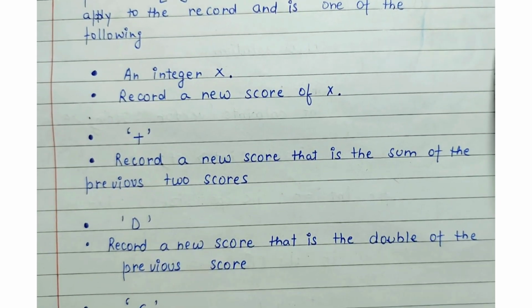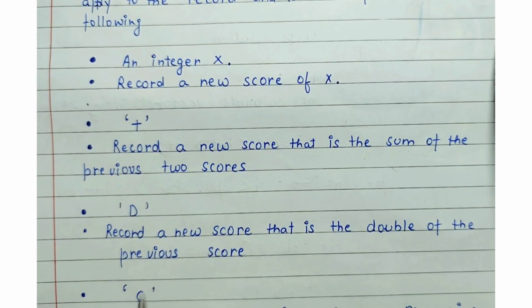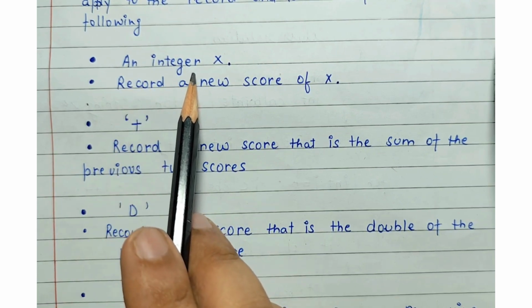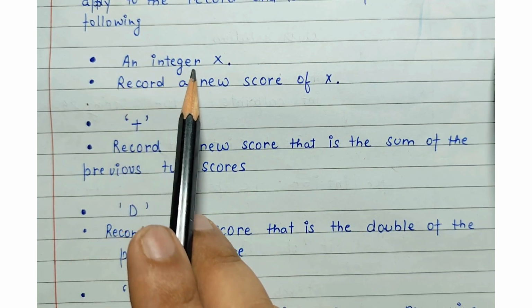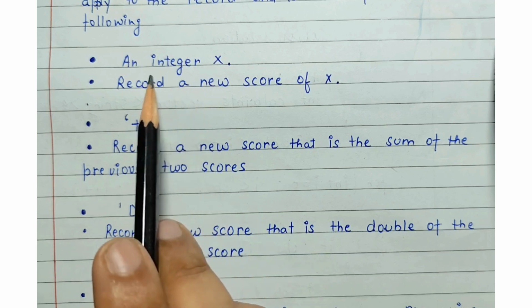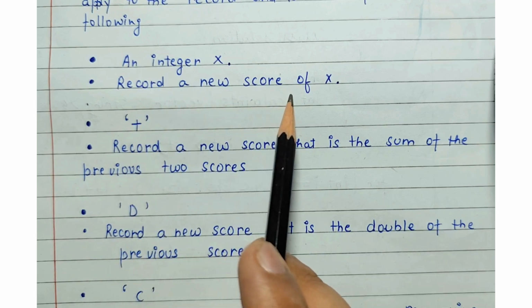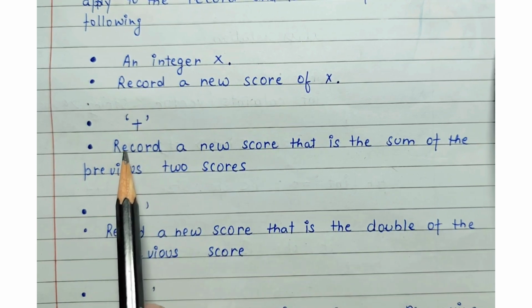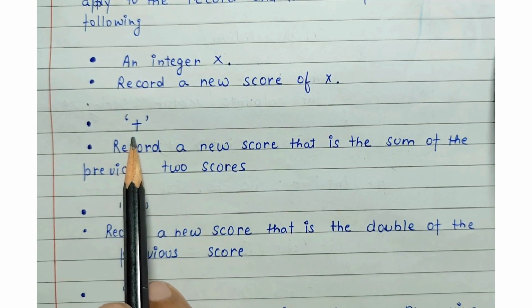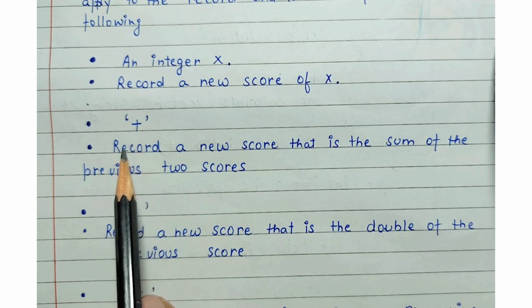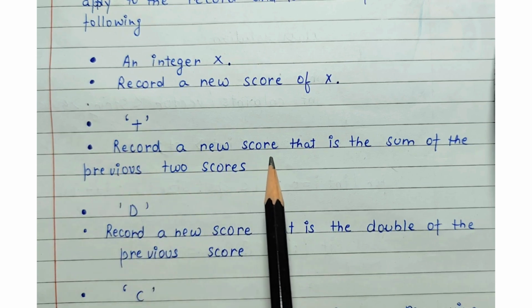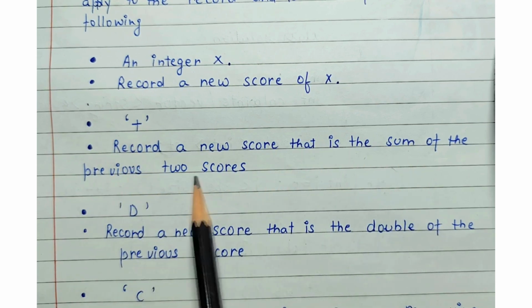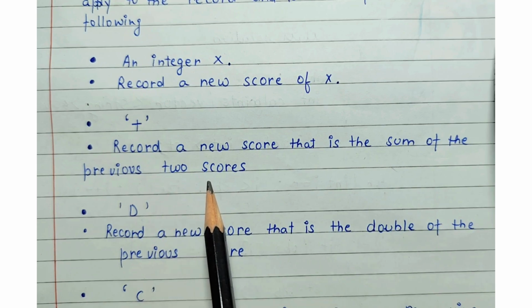Rule number 1 is an integer x, which means if x comes in the string, then record a new score of x. The second rule is if the plus character comes, then record a new score that is the sum of the previous two scores.